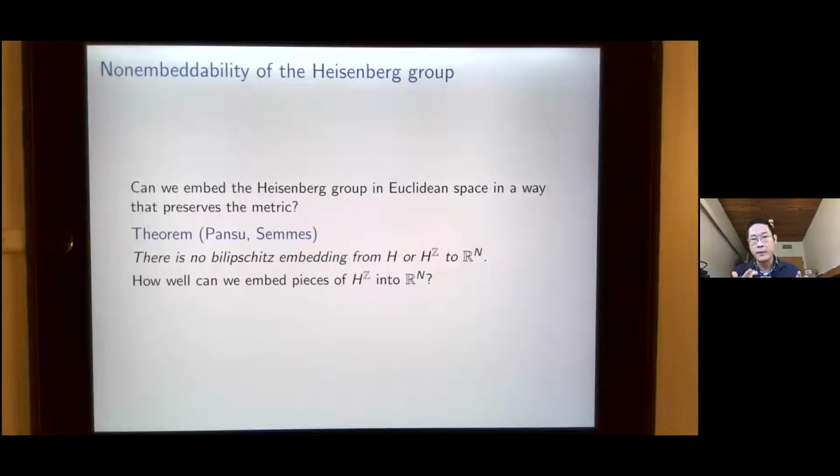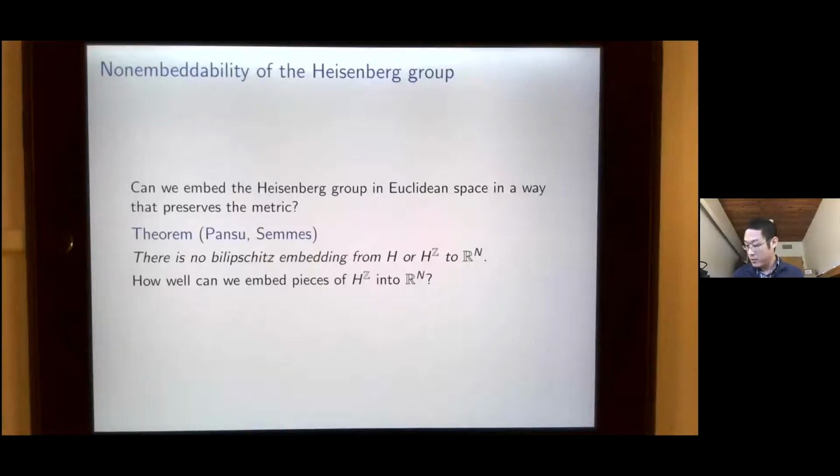An injective map from a finite metric space is automatically bilipschitz. But how does the difficulty of embedding pieces of the Heisenberg group into R^n grow as the pieces get bigger and bigger? What are the asymptotics of embeddings like this?